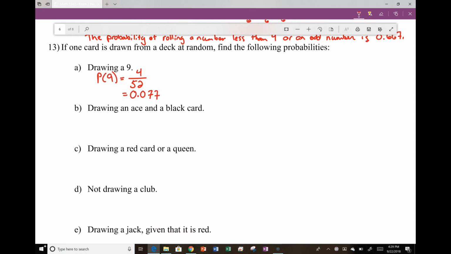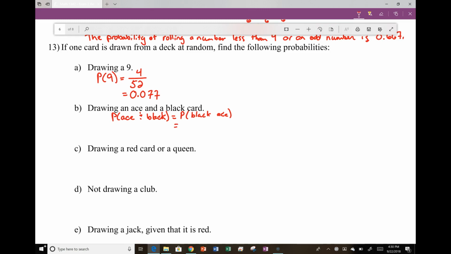The probability of drawing an ace and a black card. Since these things could happen at the same time, basically we're saying the probability of drawing a black ace.